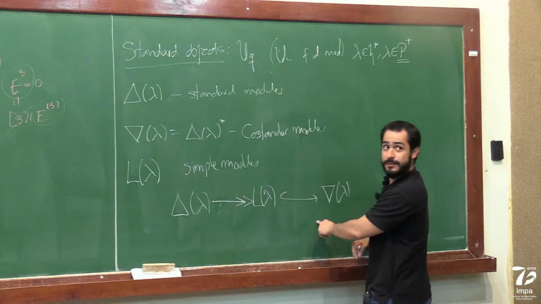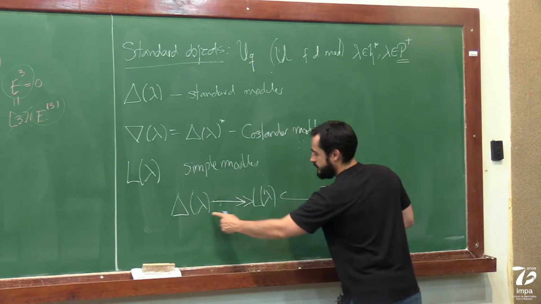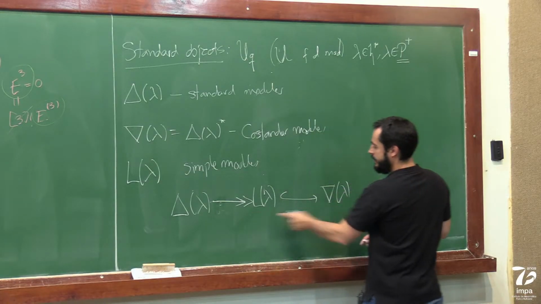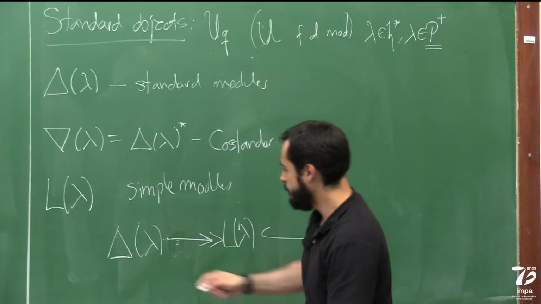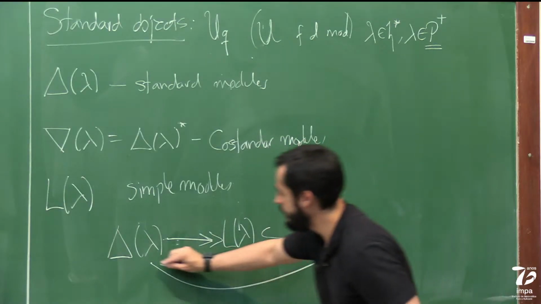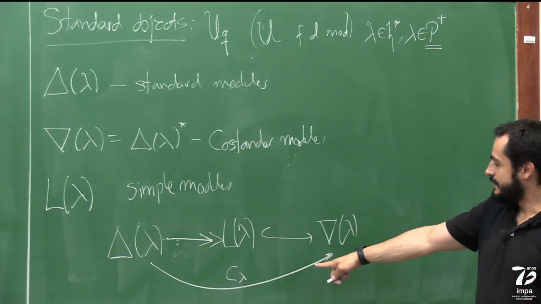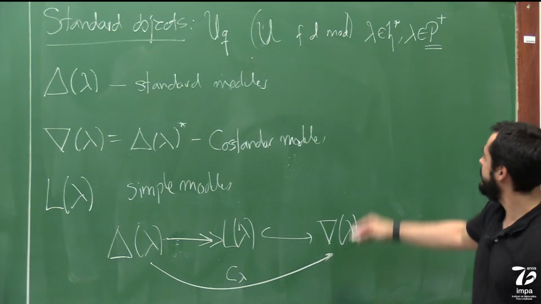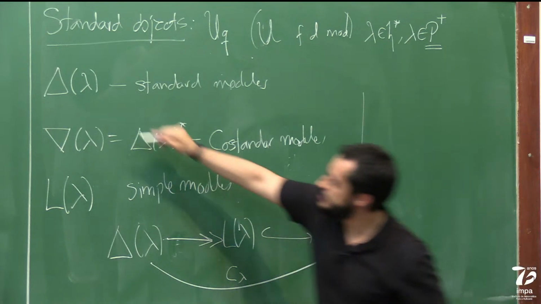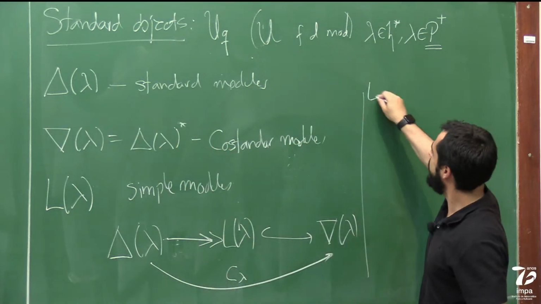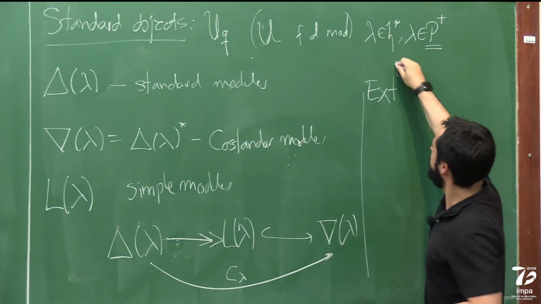This is not a short exact sequence. I just have a surjection here and an inclusion here. And this map, when I compose it, is usually denoted by c_lambda. The nice property between these two guys is that there are no extensions between them.